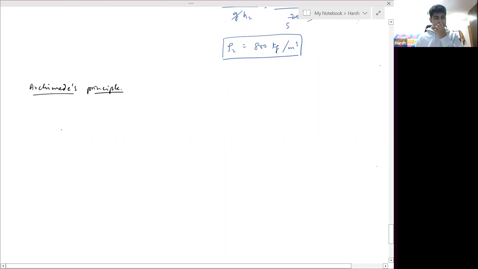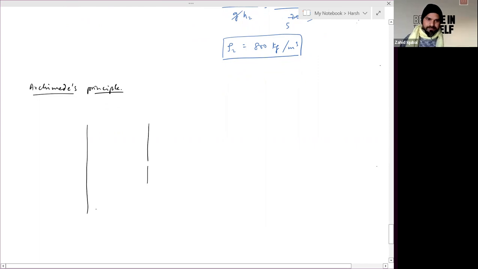Okay. Suppose you have a vessel and there is an opening at this point, and another vessel is kept at this point. Now there is liquid at its corner in this vessel like this.